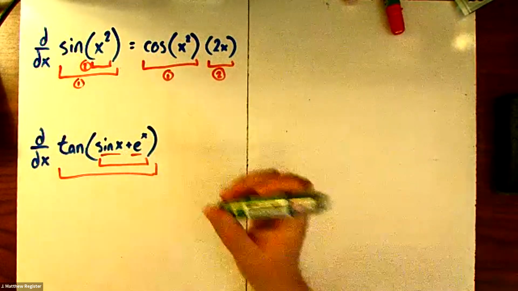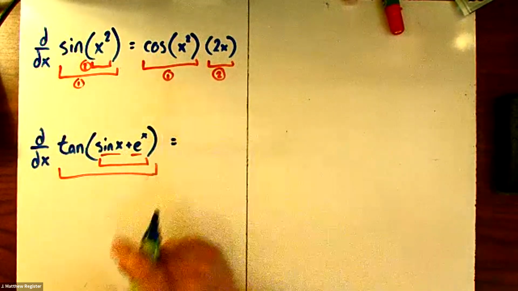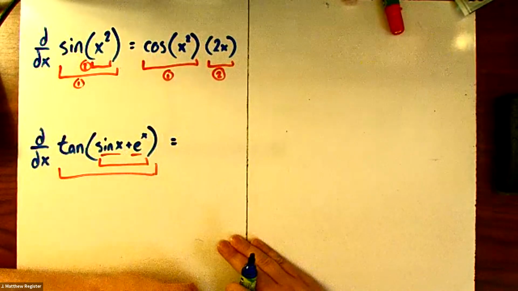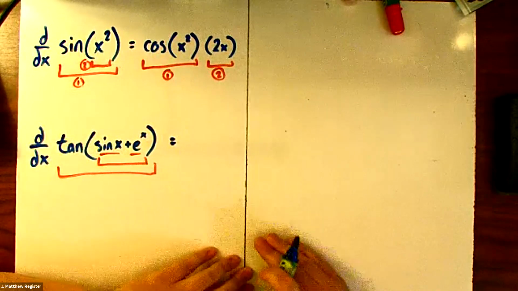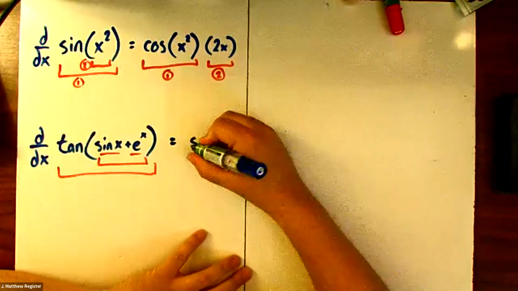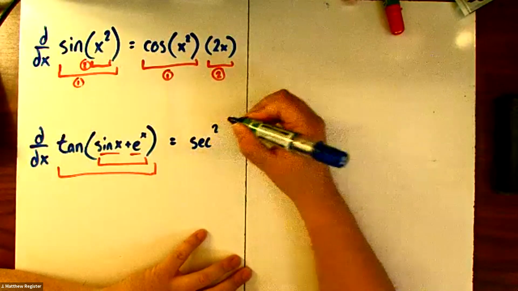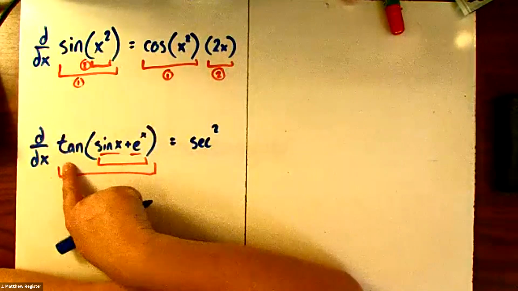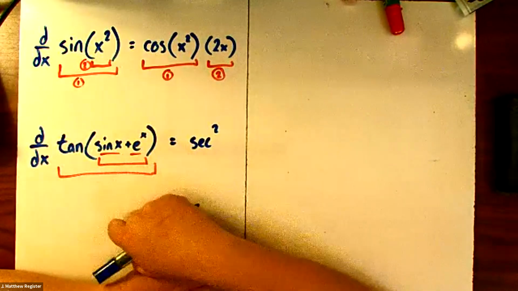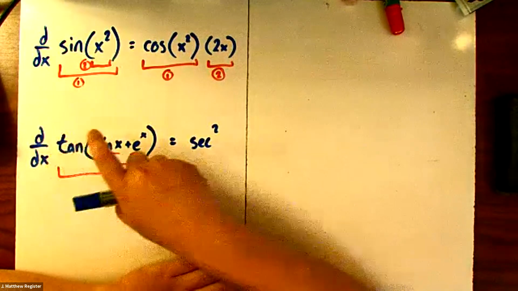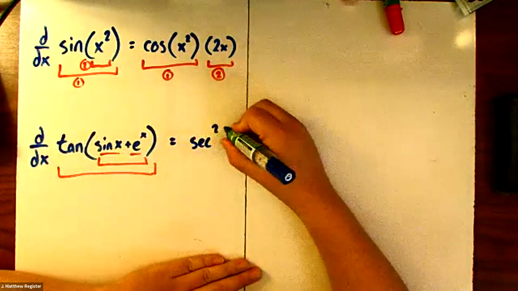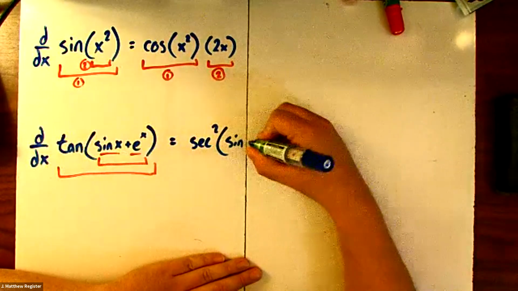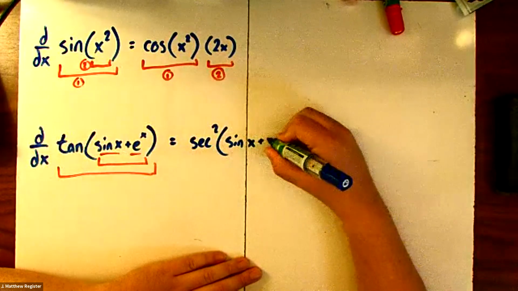When we take the derivative of this, we start with the outside. And so the derivative of tangent is going to be secant squared. And usually the way I think about this is I would say, this is the derivative of tangent of stuff. And the derivative of tangent of stuff is secant squared of stuff. That stuff hasn't changed.